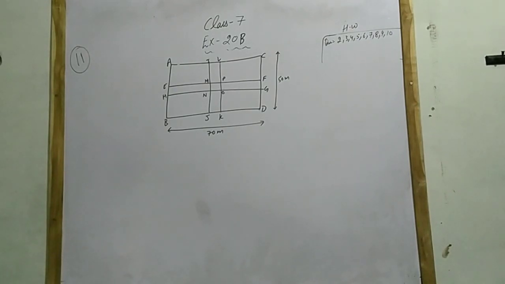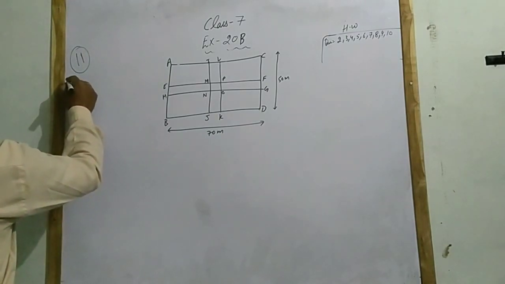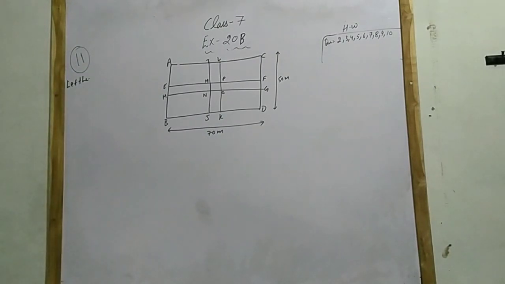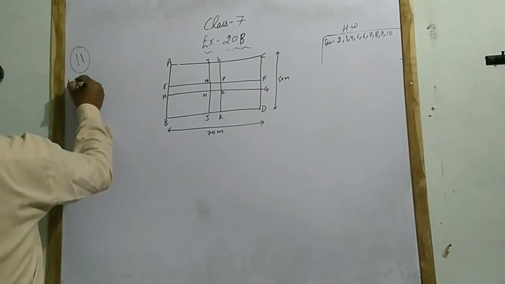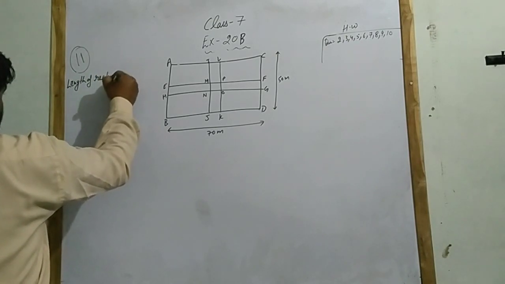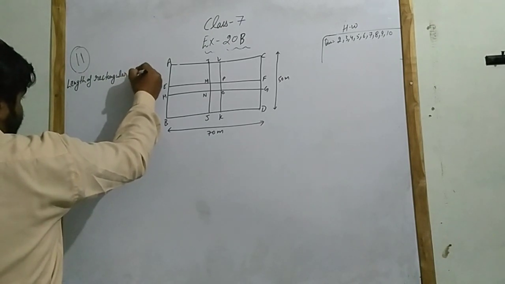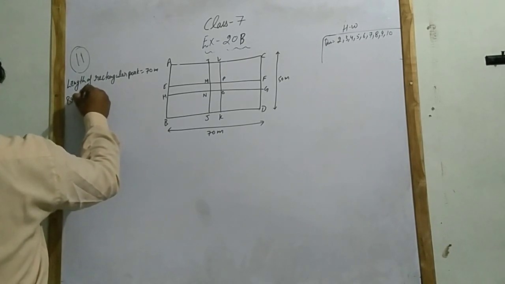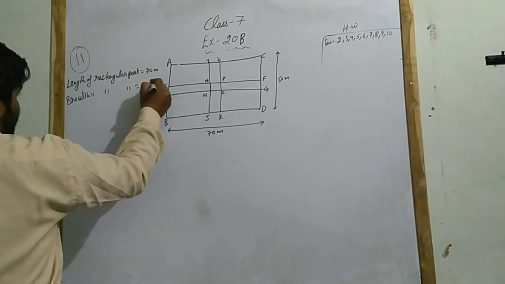We have to find the construction cost. So let the length of the rectangular park be 70 meter and the breadth of the rectangular park be 50 meter, right?